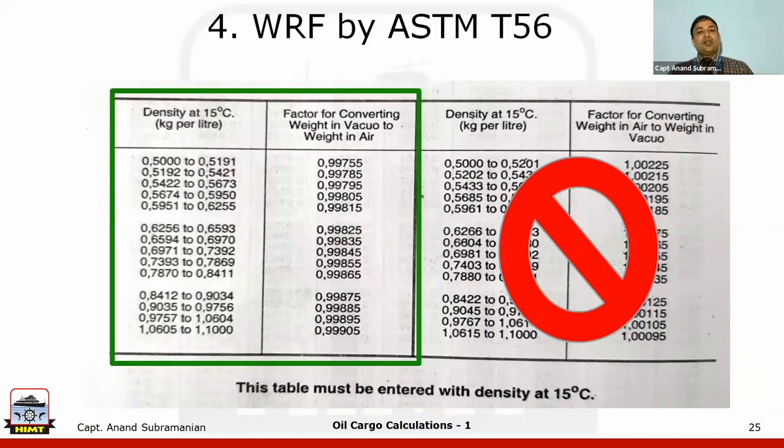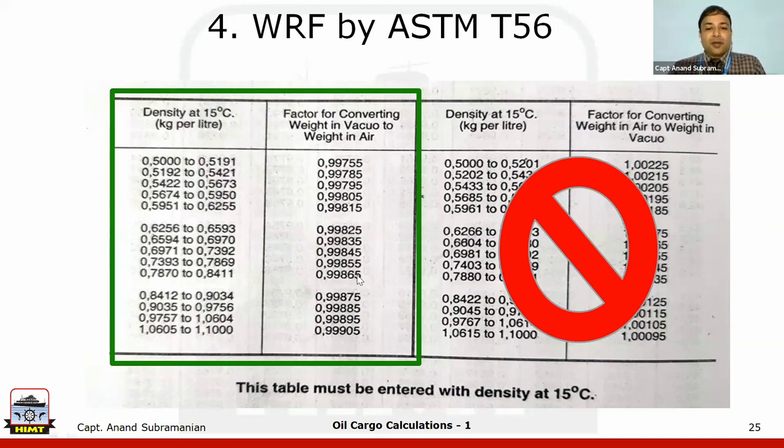All right. So now that we are doing this module, let us look at ASTM table 56. It looks like this. On the top, you see density at 15 degrees Celsius, and on the side, we get the factor for converting weight in vacuum to weight in air. So we can do it both ways. In examination, if you want to use this, you're free to use it. But then you're introducing one more element of uncertainty.